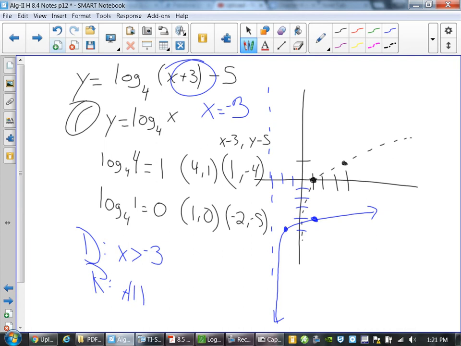Yes, sir. Another note, that if b was greater than 1, it would go up to the right. This one is down to the right. You got it. It's still moving. Is it up and right? Down and left.